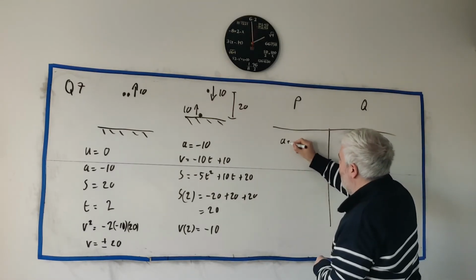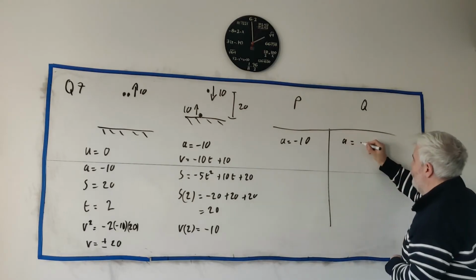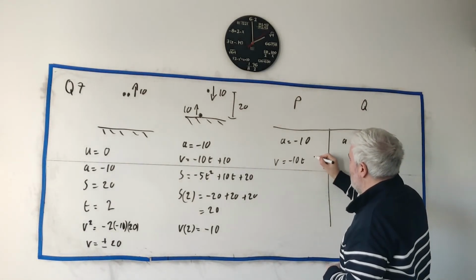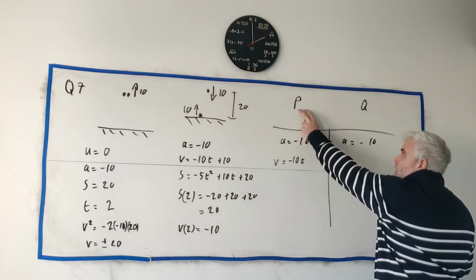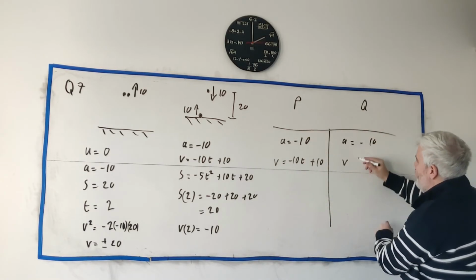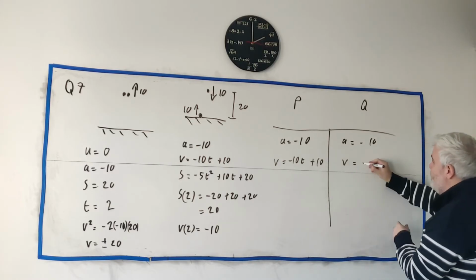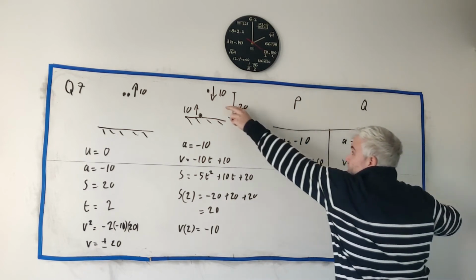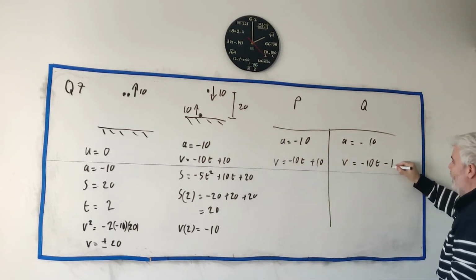Both of them have A of minus 10. Their V is minus 10t plus, what's the initial speed of P? He's going up 10. The velocity of Q is also minus 10t plus, and what's his initial velocity in this new world? He's going down 10, minus 10.